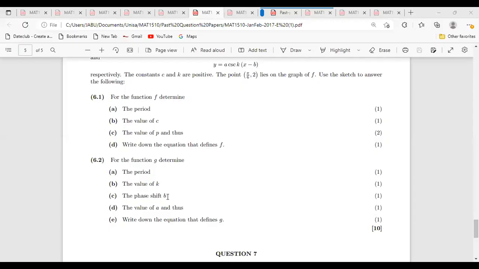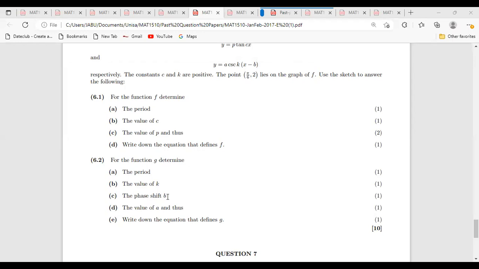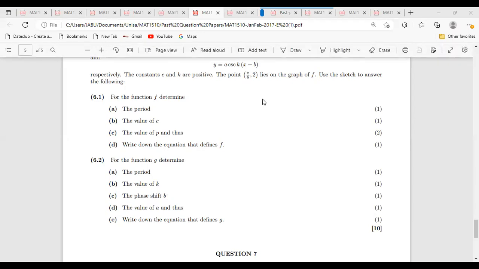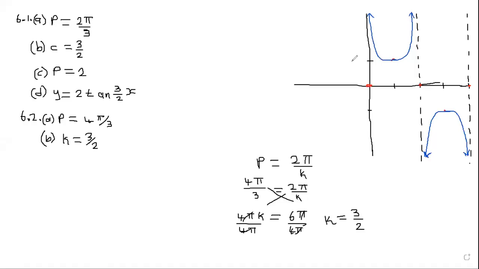The phase shift B. We need to find the phase shift B. So we can see that in standard form, this cosecant graph will start, so the y-axis is the asymptote as well.